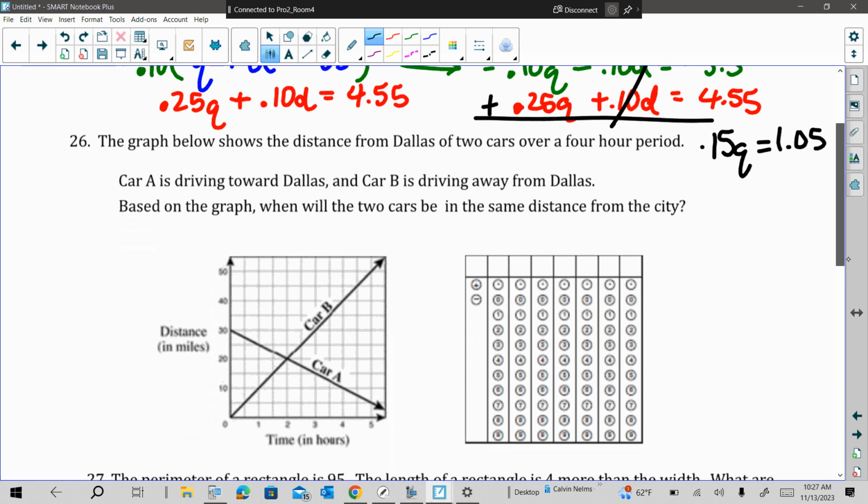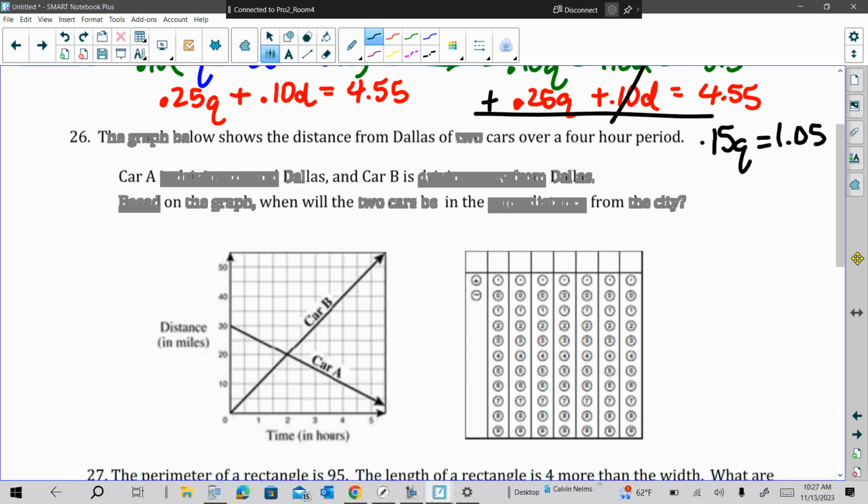All right, and so this 26 is kind of like the game where I'm giving you the two graphs. Based on the graph, when will the two cars be the same distance from the city? So that's basically, to have the same distance is where they intersect.